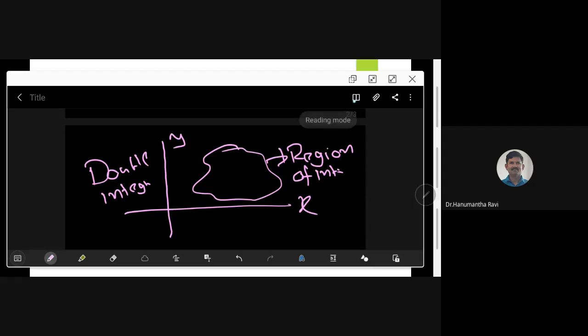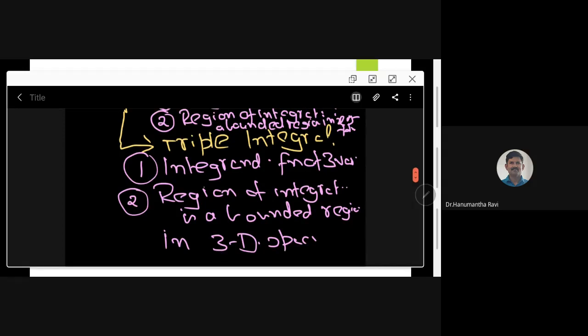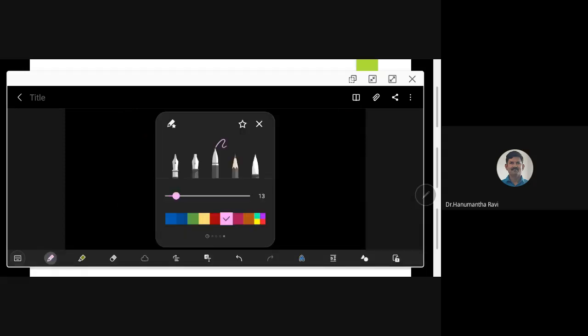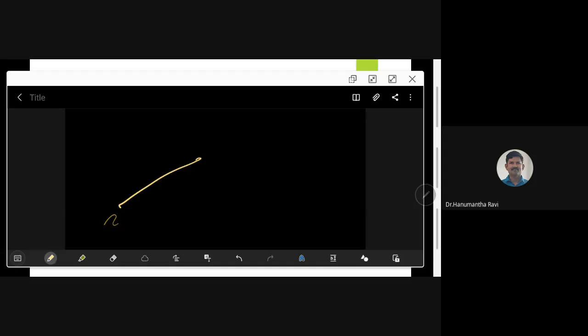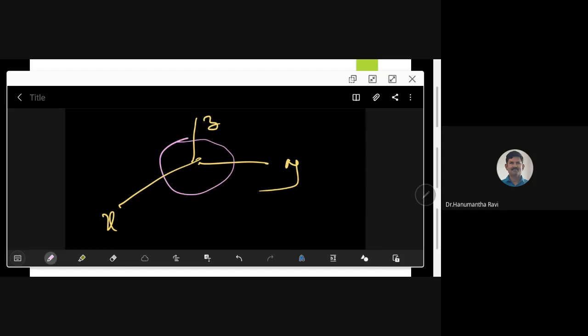And what is a triple integral? In a triple integral, the integrand is a function of three variables, x, y, and z. They are the integrating variables. And the region of integration is naturally a part of the three-dimensional space, with x-axis, y-axis, z-axis. It can be a sphere, or it can be a cylinder.